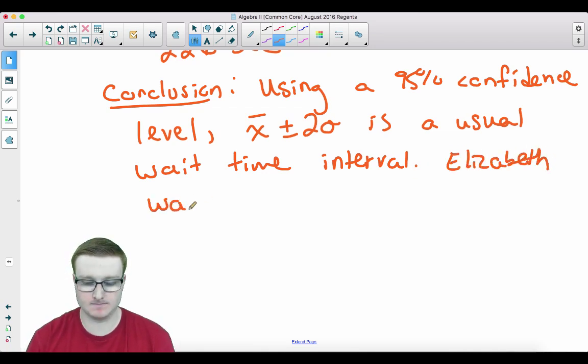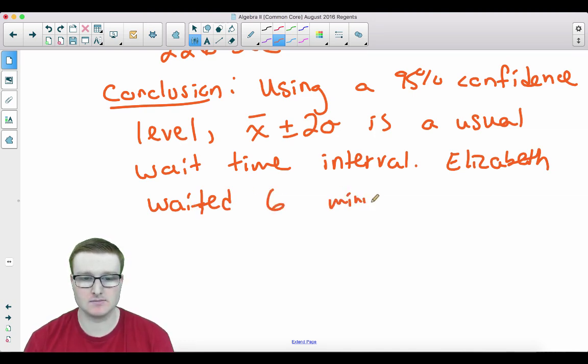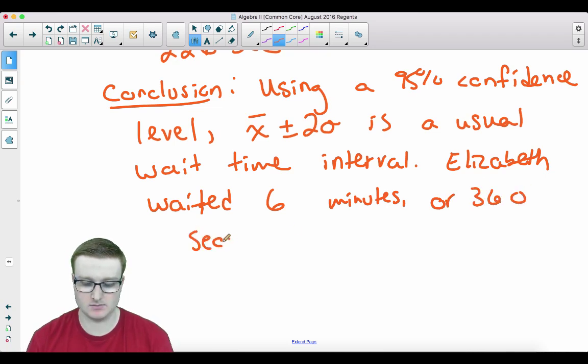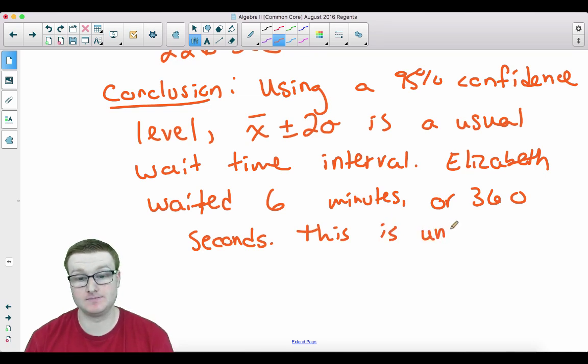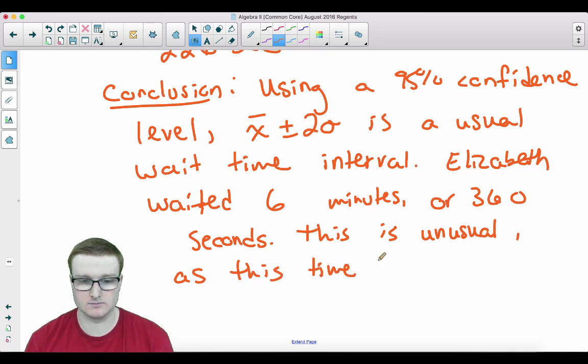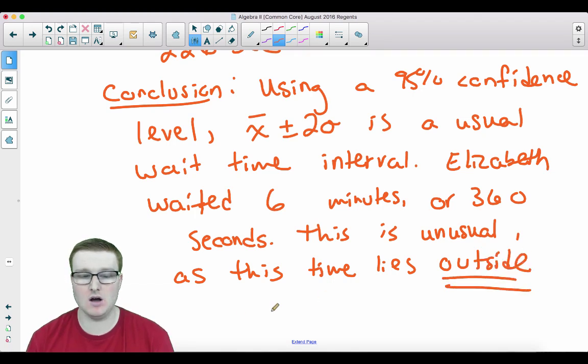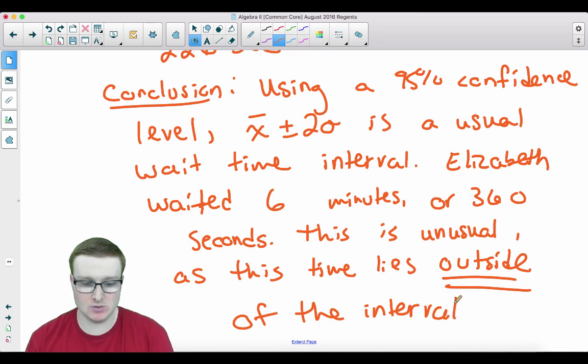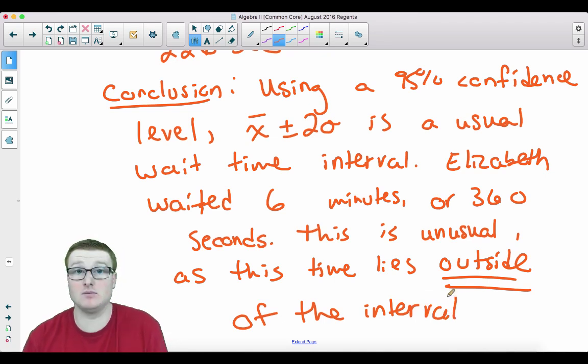Elizabeth waited 6 minutes or 360 seconds. This is unusual, as this time lies outside of the interval. So absolutely, it is unusual that she waited for that length of time.